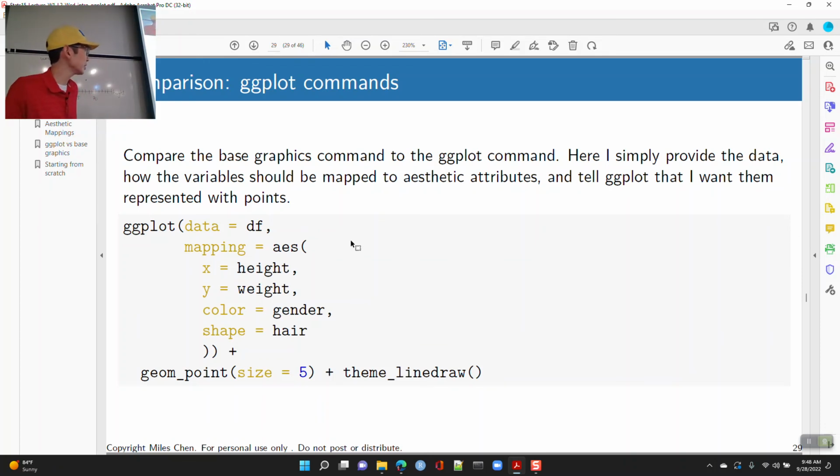So the key parts of the ggplot command, and we will spend a lot of time on this, are, first, you say where your data is coming from, and you give it the name of your data table or data frame. My data frame is just called df, but you could have a data frame called automobiles or states, okay?